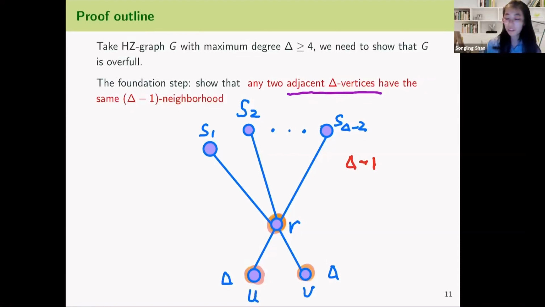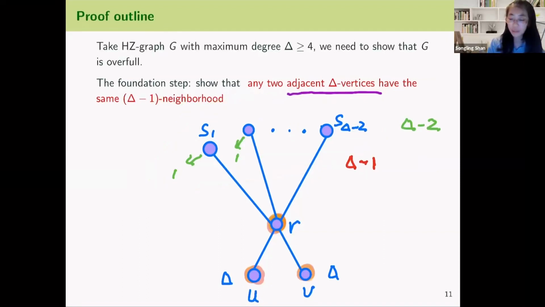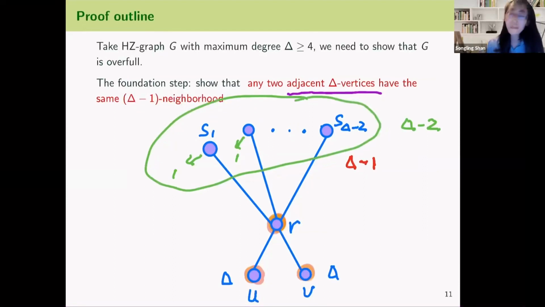Looking at the deficiency, each of these vertices has deficiency 1, because the degree is delta minus 1. Together the deficiency is already delta minus 2. A graph of odd order is overfull if and only if the deficiency is at most delta minus 2, so here it's exactly delta minus 2. So what we need to show is that in this entire graph, the vertices S1 up to S delta minus 2 are the only small degree vertices, and everything else has degree delta.